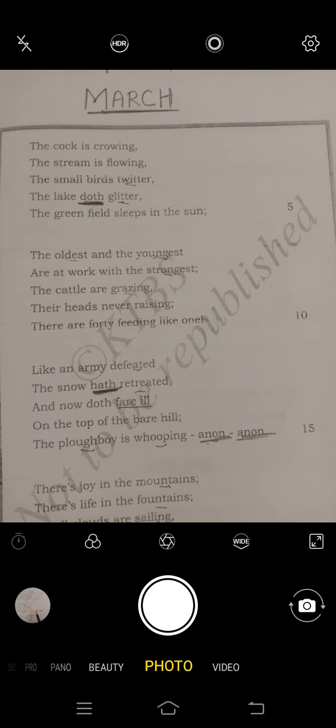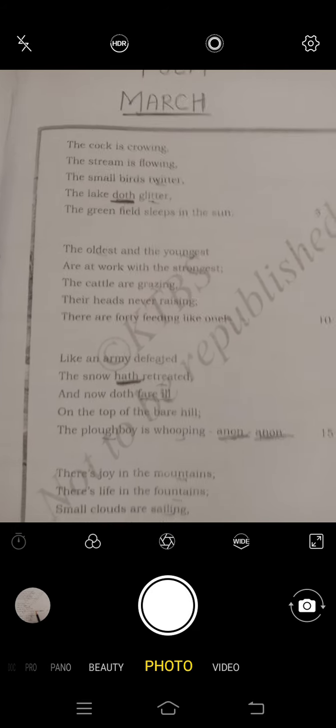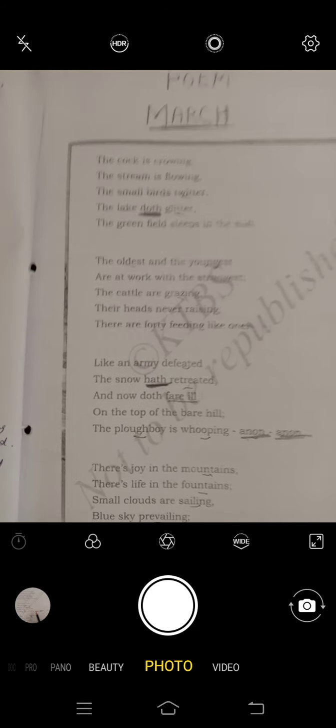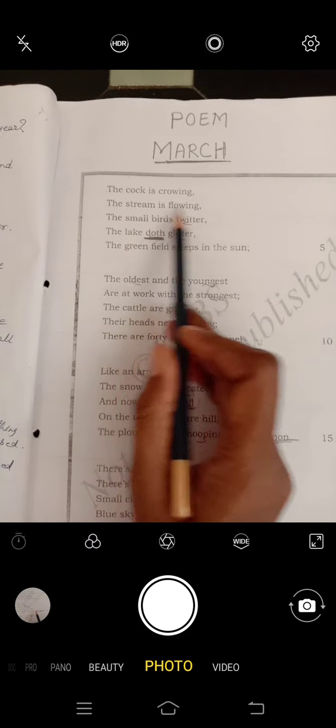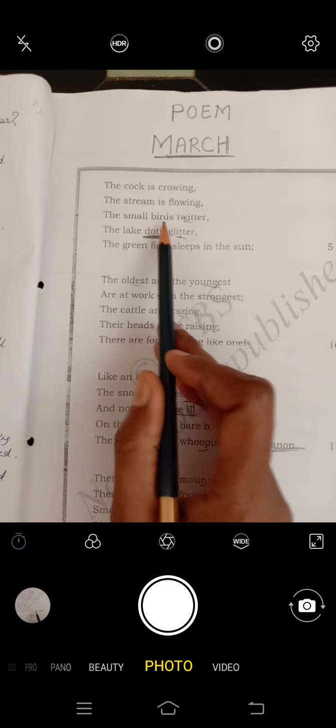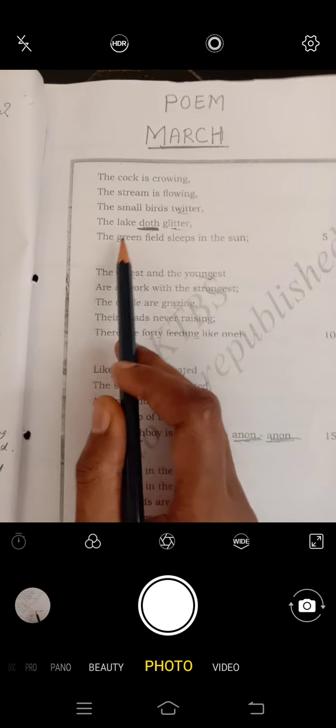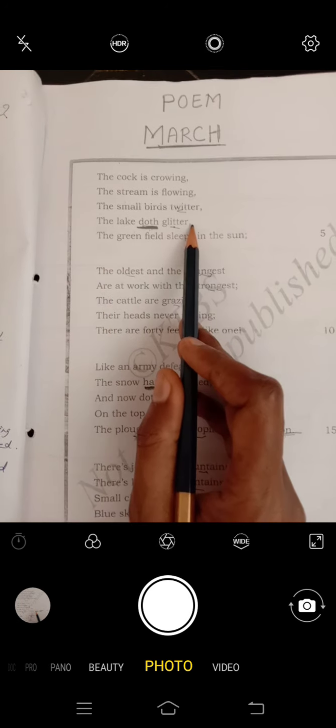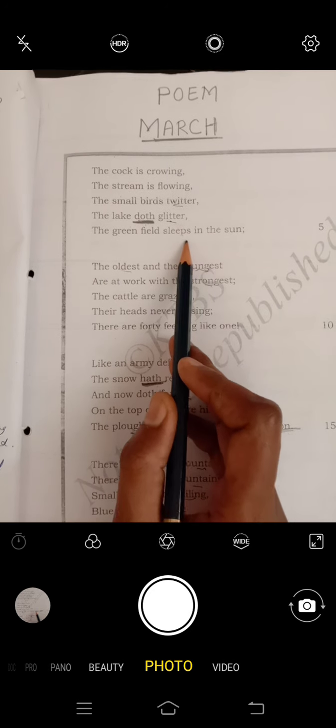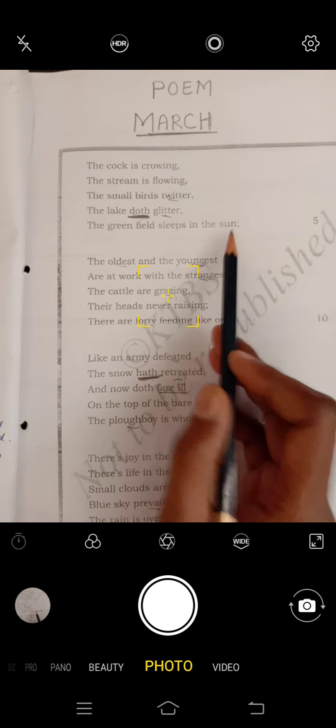So the first 10 lines go like this. The cock is crowing, the stream is flowing, the small birds twitter, the lake doth glitter, the green field sleeps in the sun.